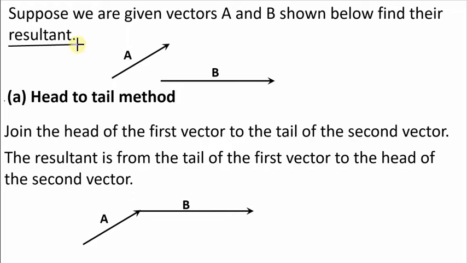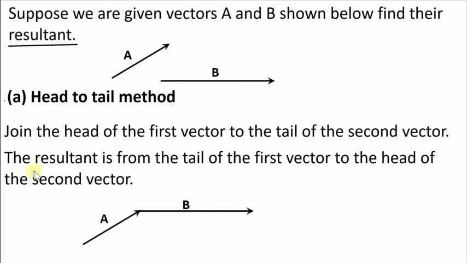which is that one vector we talked about earlier on. So in this case, we have added by using the head to tail method, where we have put the tail at the head.